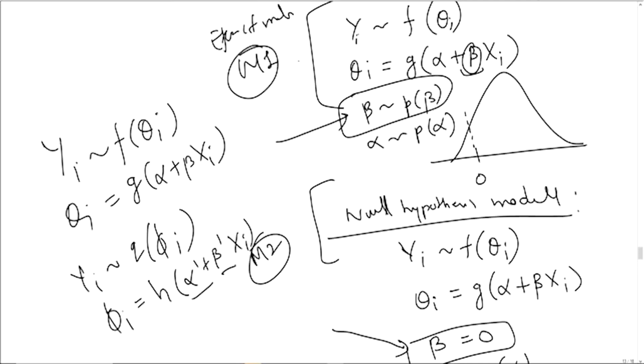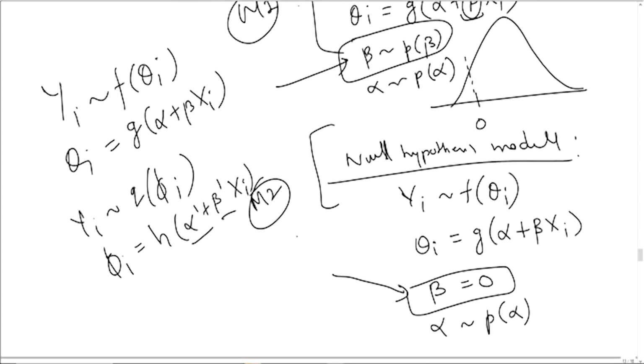Now the parameters are different, the likelihood is different, and the interpretation of these parameters is different. So these two models are completely different in structure as well as in the kind of parameters they have.